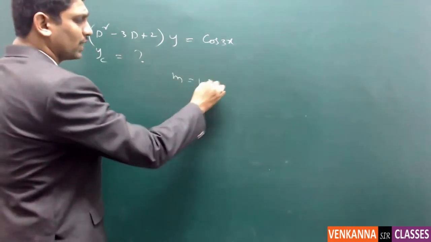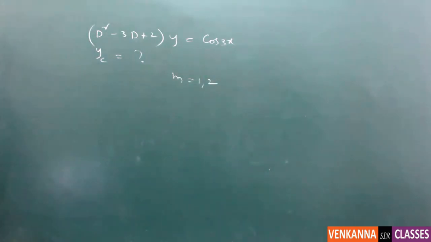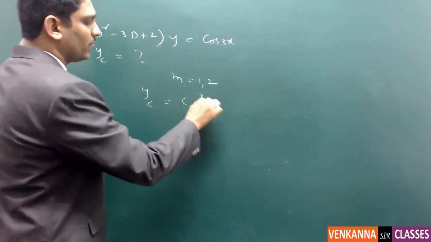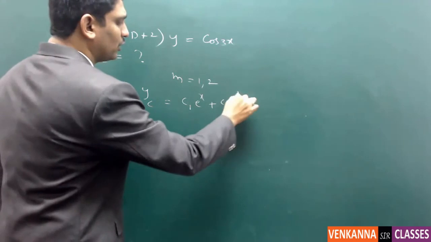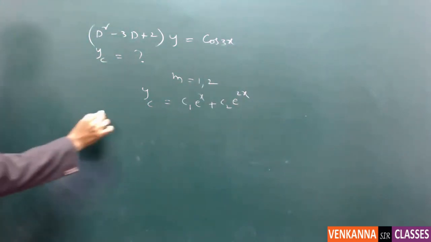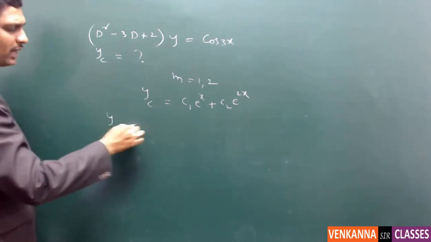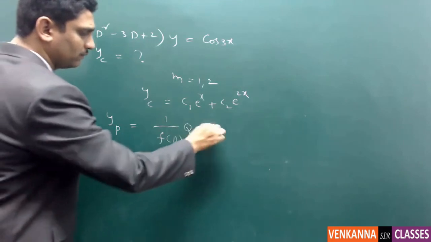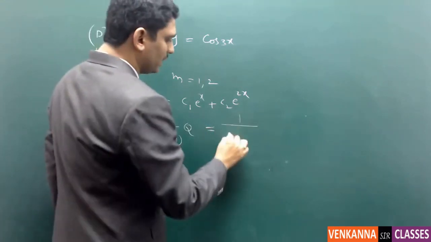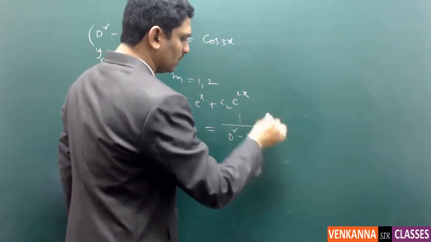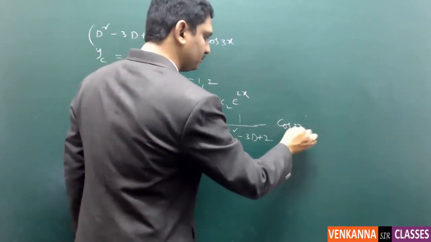Thank you. So if you calculate the roots, m equals 1, 2, so the complementary function yc is c1 e power x plus c2 e power 2x. Coming to yp, as the formula is given by 1 by f of D into Q, it equals 1 by D square minus 3D plus 2 into cos 3x.